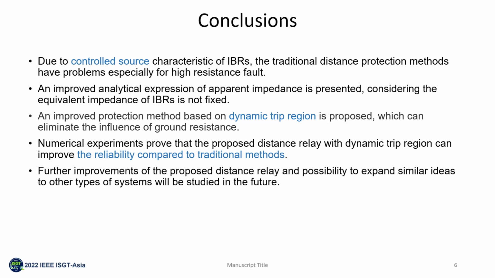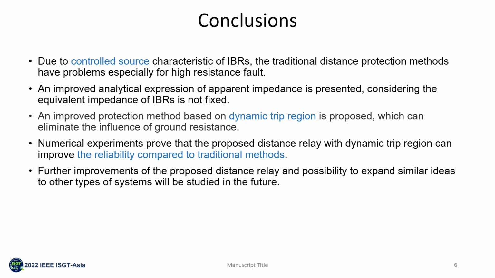Let us summarize our research. Due to the controlled source characteristic of IBRs, the traditional distance protection method has problems, especially for high-resistance faults. An improved analytical expression of the apparent impedance is presented, which considers that the equivalent impedance of IBRs is not fixed.